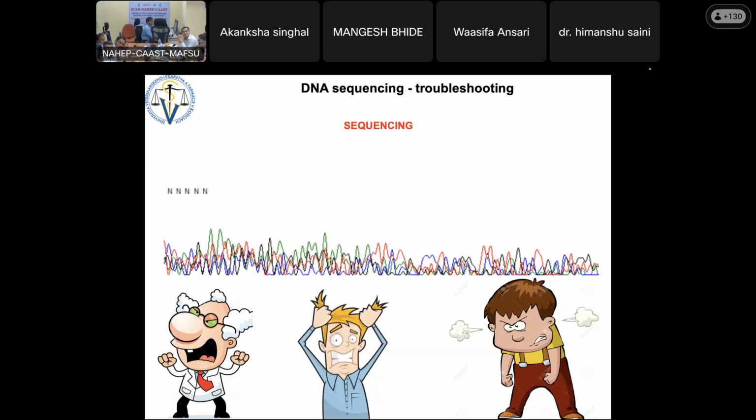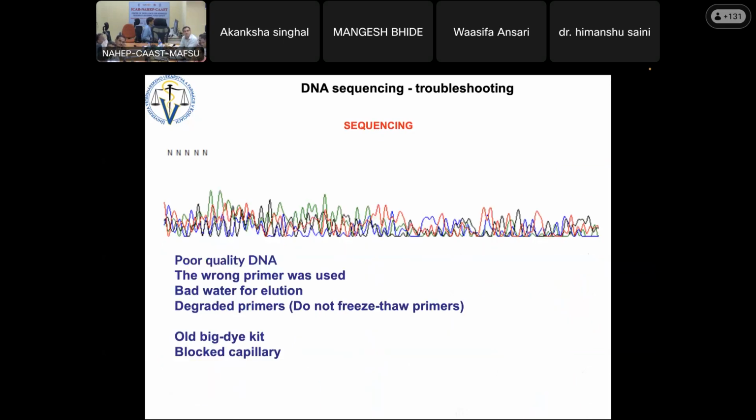So this is what you get several times: you don't have a sequence and you have penta N or 5 times N. That means we say the samples were wrong or the sequencing didn't work. Now you see the difference between this and this.